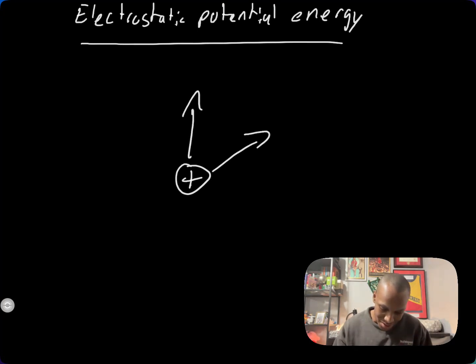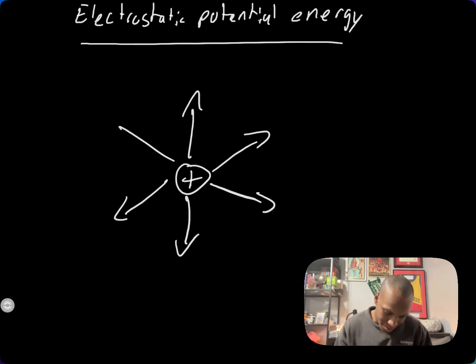A positive charge will generate some field in all directions, in a circle or a sphere around it, pointing outwards.